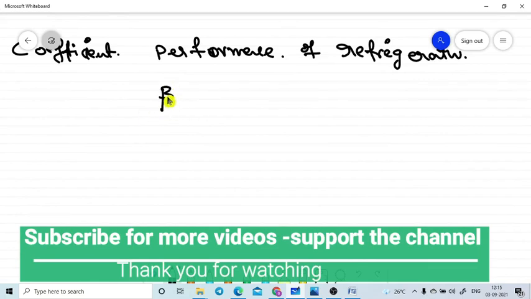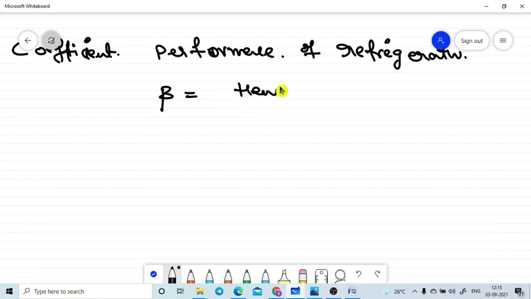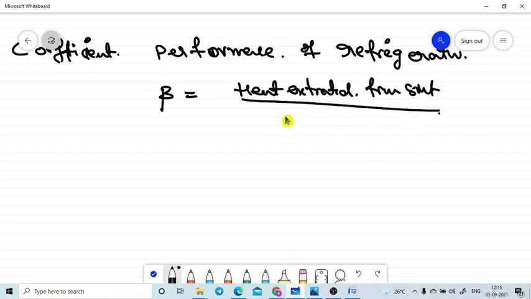Beta is equal to heat extracted from the sink divided by work done on the system.